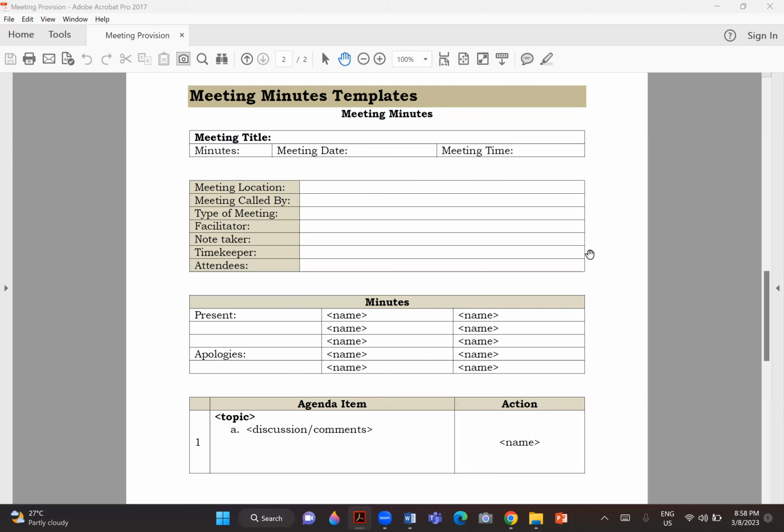And as I mentioned in the meeting agenda, it's very important to add the designation or the position before the name. It's not that important to mention the name of the person, but it is definitely so important to mention his position in the institution.